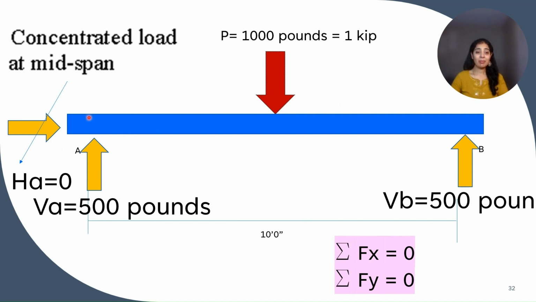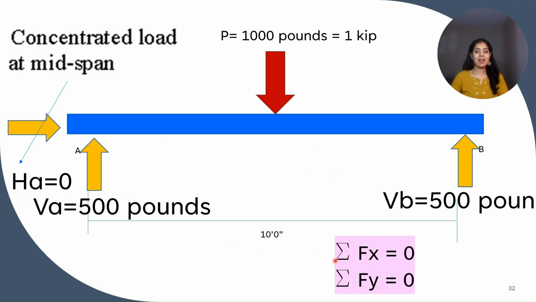At the pin support, two reaction components will be there, and at the roller support, one reaction component. Applying summation of Fx equal to 0, as there is only one horizontal reaction, HA, it will be equal to 0.